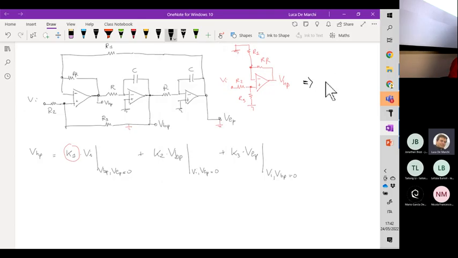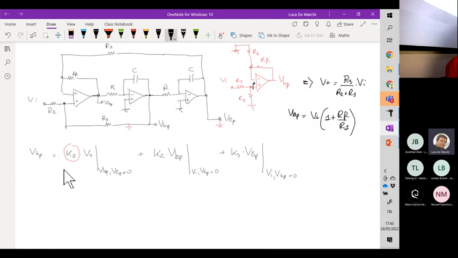For a circuit like this, V+ is R3 over R2 plus R3 times VI. V+ is the input of a non-inverting configuration. Therefore, V out, so VHP in this case, is equal to V+ times 1 plus RF over R1.